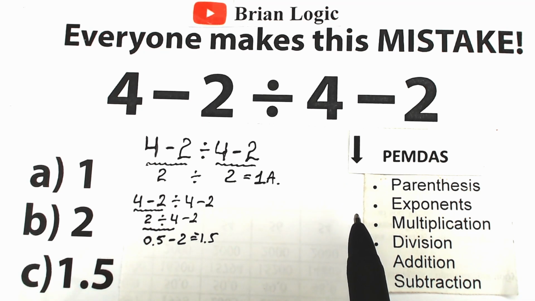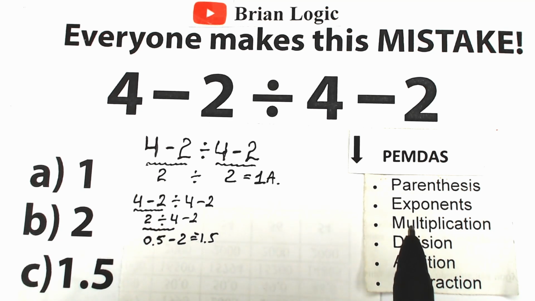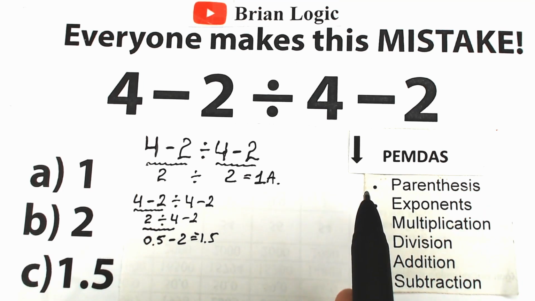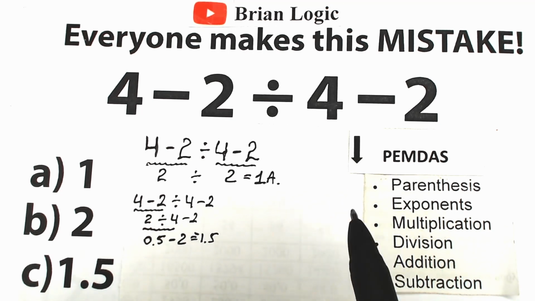Next we evaluate exponents. Next we evaluate the multiplication and division group, and the last step is the addition and subtraction group. So a higher position means higher priority. For example, parentheses has the highest position, so it has the highest priority. That's a little bit of thought about PEMDAS.